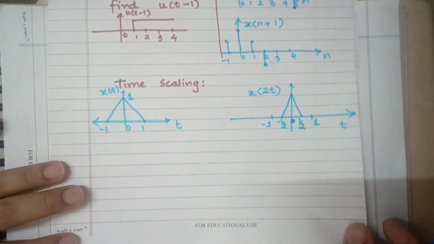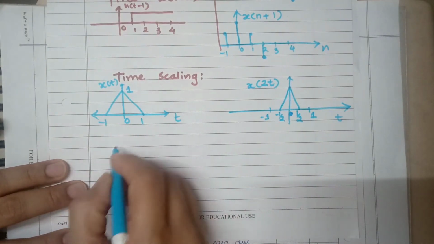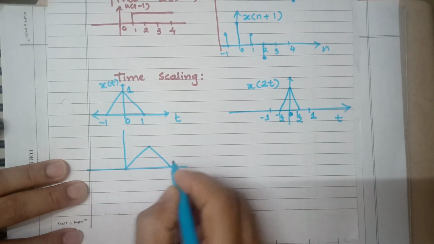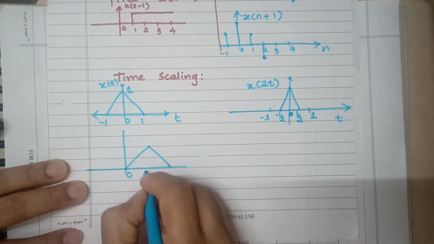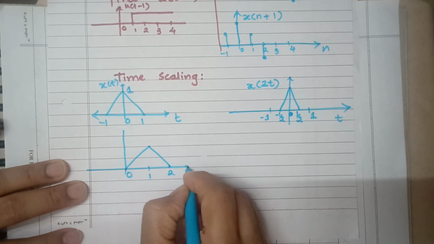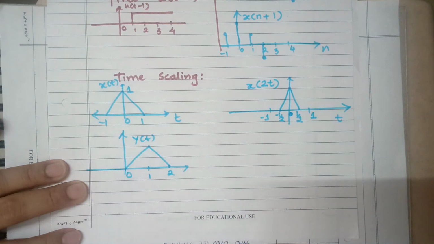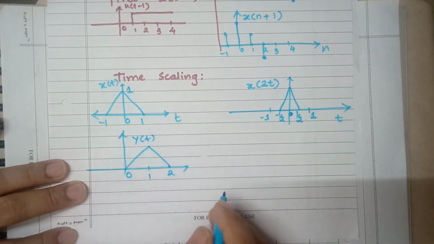I'll take one more example. Suppose the same signal was like this. Suppose it was 0, 1, 2. Now this signal is, suppose, y of t. I'll take a different name, y of t.